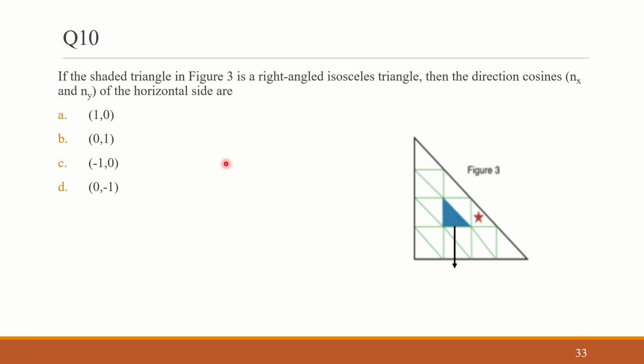The answer to this question will help you in understanding that as well. It is a basic question. I have marked the direction cosine angle as well, so it would be easy for you to say for the horizontal side. So did anyone give an answer?